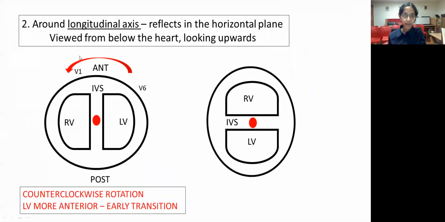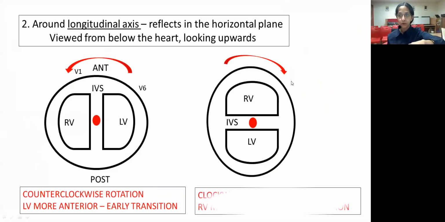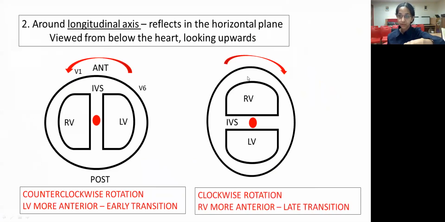Your transition will happen in V1, V2 instead of V3, V4. Compared to that, if you have a rotation which is happening in this direction, this is called clockwise rotation, where your RV will come to lie more anteriorly, and hence your transition is going to happen later.